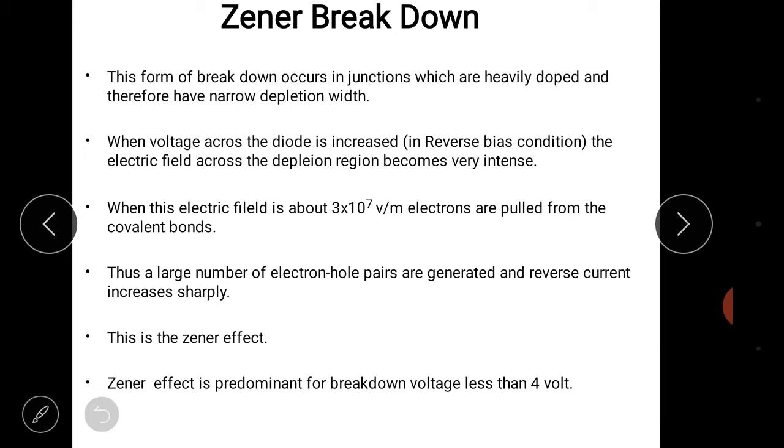When this electric field is about 3 × 10^7 volt per meter, electrons are pulled from the covalent bonds. Thus a large number of electron hole pairs are generated and reverse current increases sharply. This is the Zener effect. Zener effect is predominant for breakdown voltage less than 4 volt.